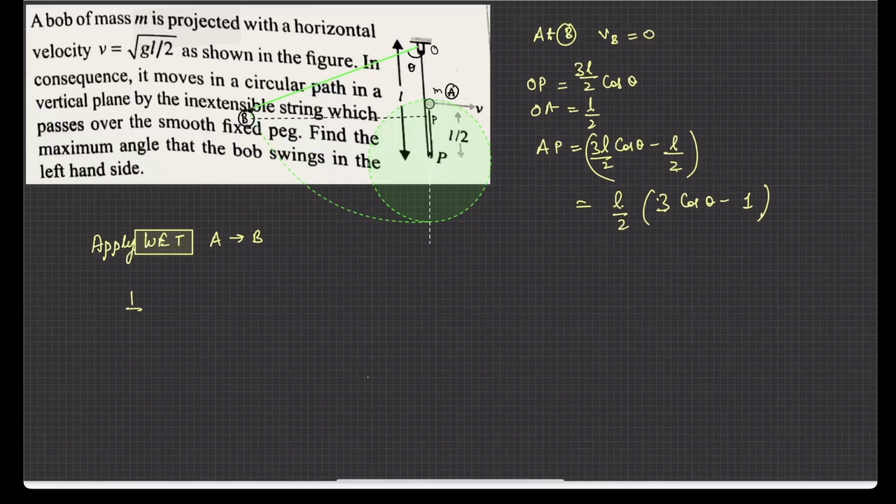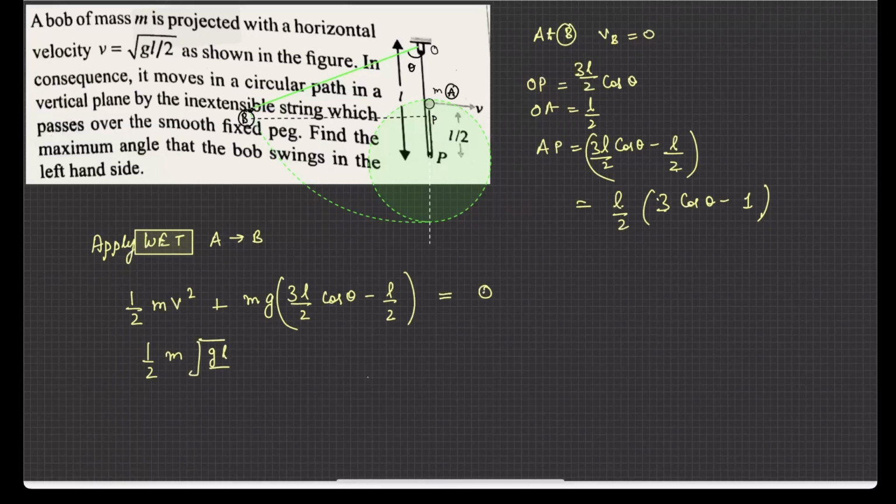Initially it is half m v square plus mg into ये कितना फॉल डाउन हुआ AP, mg into AP कितना है, 3L/2 cos theta minus L/2. This is my fall. That will be equal to 0. Okay, now I put the value of v square, 1/2 m into v square की value GL/2.